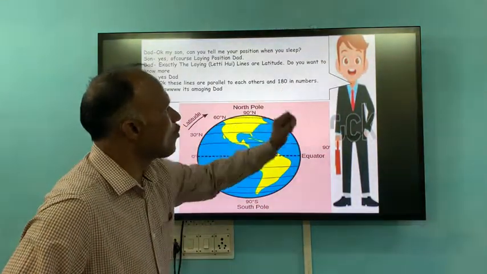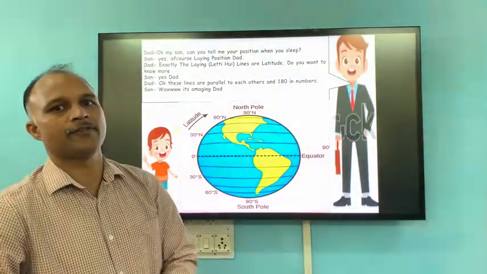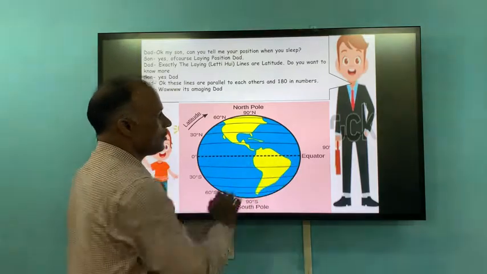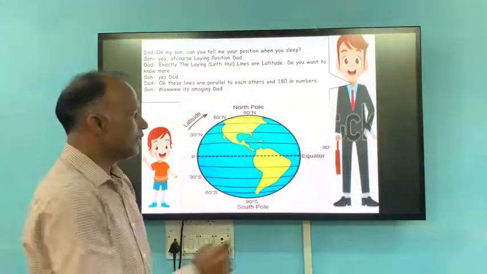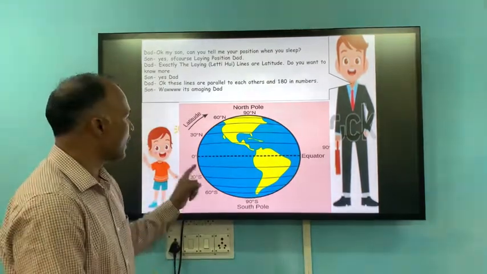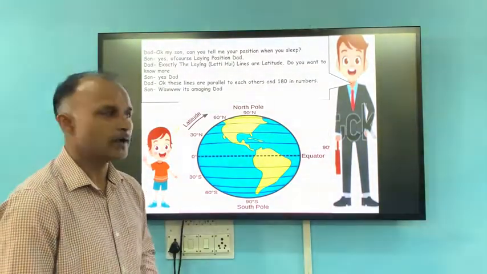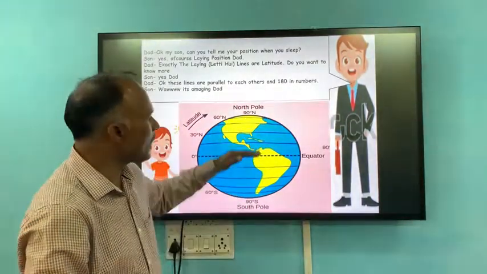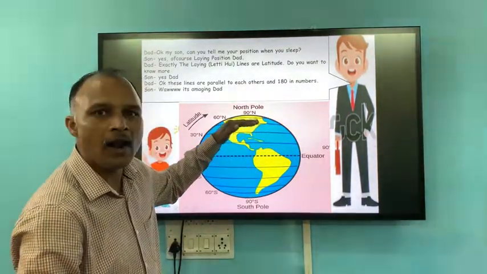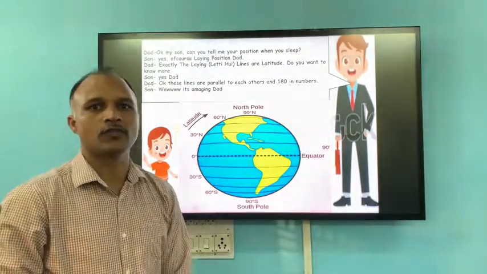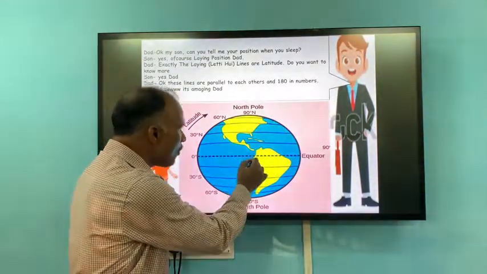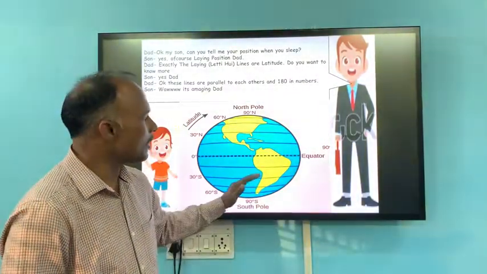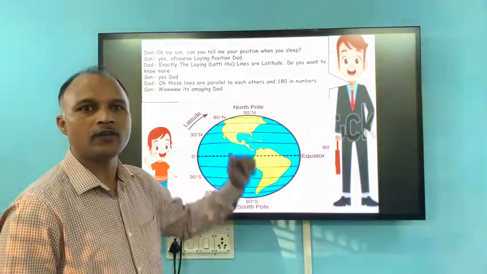And they are 180 in number. As you are watching on this globe, this is the equator line and this is at 0 degrees. If we go upward toward the North Pole, there are 90 parallel lines. These are latitudes. And if we go southward, there are also 90 parallel lines. These are 180 latitudes."